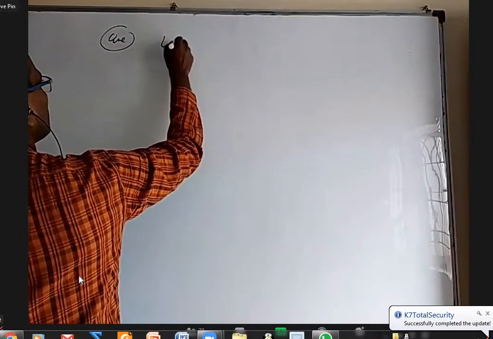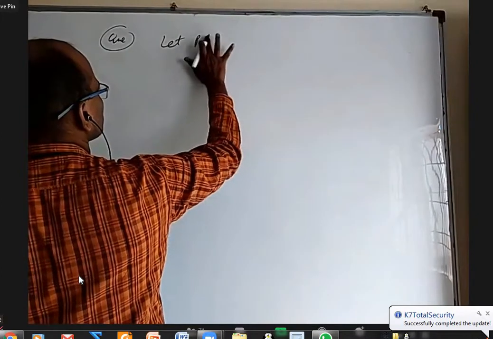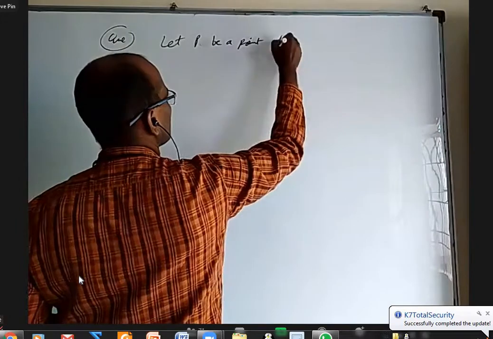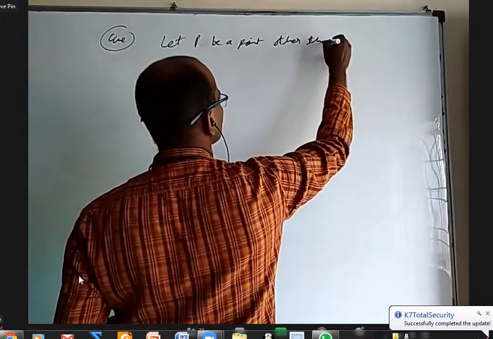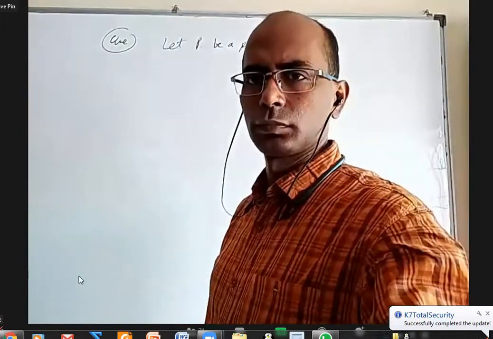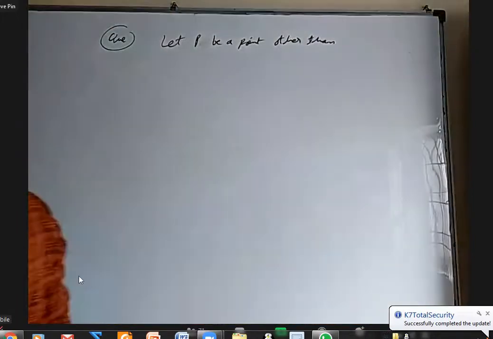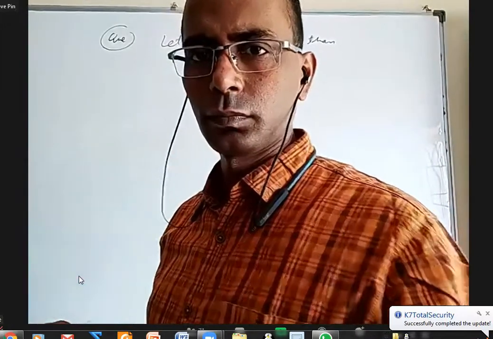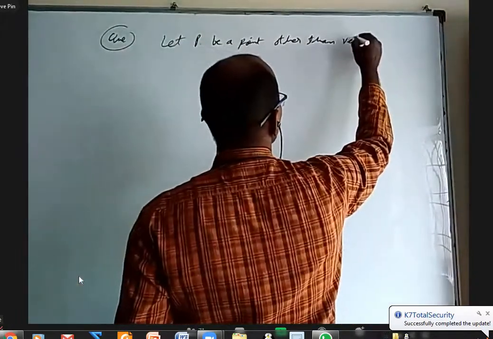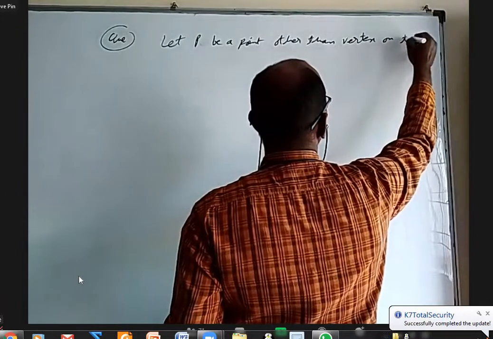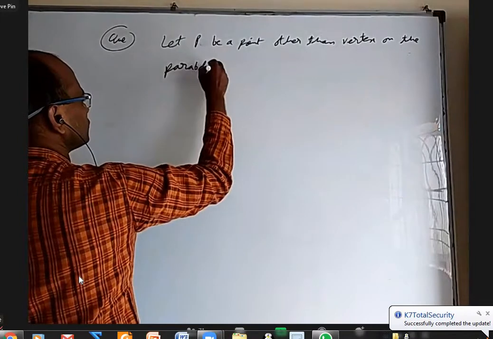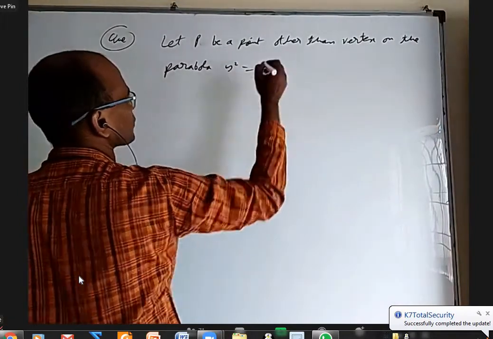Okay, next question it is. Let P be a point other than the vertex on the parabola y squared equal to 4ax.